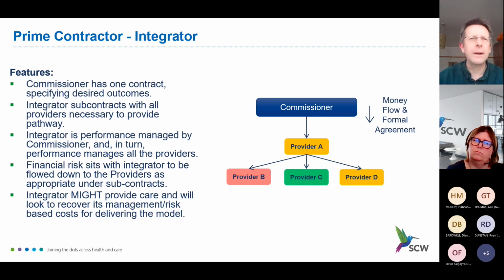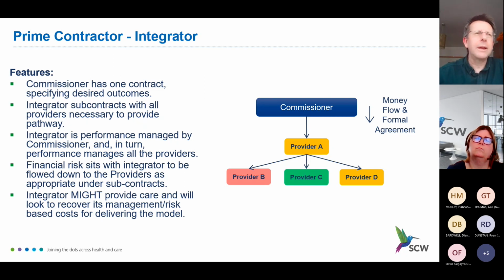And all of these are individual contractual relationships. So as far as the commissioner is concerned, they've got a single relationship with a single provider to deliver a range of outcomes. That provider takes the responsibility and the funding flow to receive the money from the commissioner and to allocate that money through their subcontractual arrangements and their own provider arrangements to deliver the overall contract.